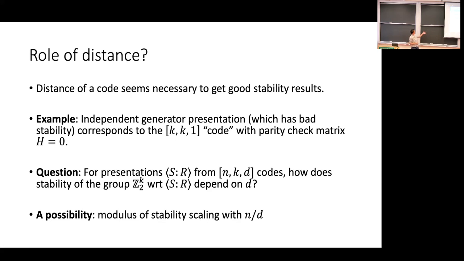In the Reed-Muller case, d was n over 2, so that's just a constant. But if d is, let's say, square root n or worse, then you're going to pay a factor that grows with n. So I think this would be a nice thing to clarify.